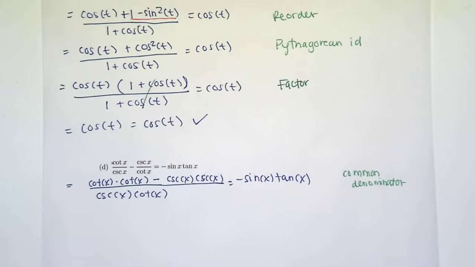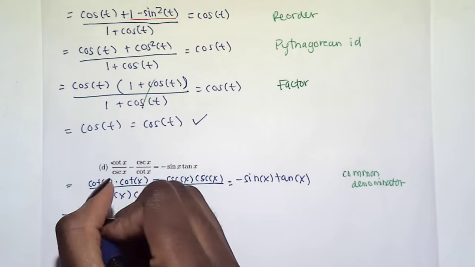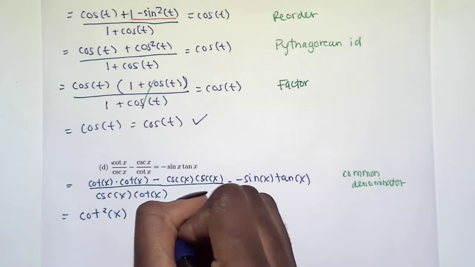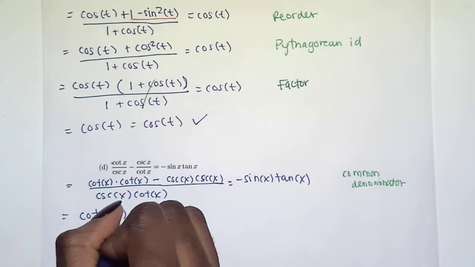Okay, all right, so let's see. I got cotangent times itself, cosecant times itself. That sounds like I need to use squares, which can be helpful because maybe we can use a Pythagorean identity. All right, so this would be cotangent squared x minus cosecant squared x.